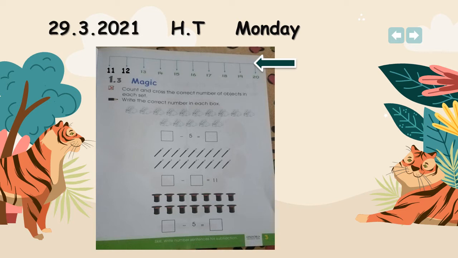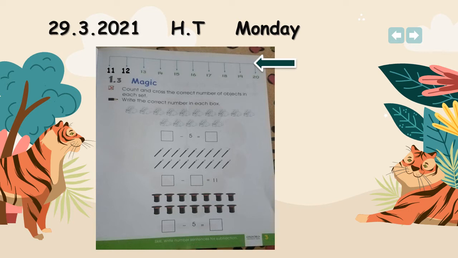Let's start it. The first one is rabbit. How many rabbits are here? We have to count all rabbits. Then we will write in the given box. Let's count 1, 2, 3, 4, 5, 6, 7, 8, 9, 10, 11, 12, 13, 14, 15. 15 rabbits all together.